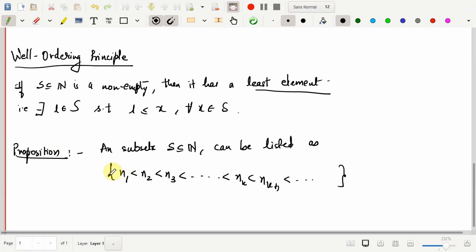Now you take the set S and remove n1 from there. So you just consider S minus {n1}. But removing one element from an infinite set won't make it finite.